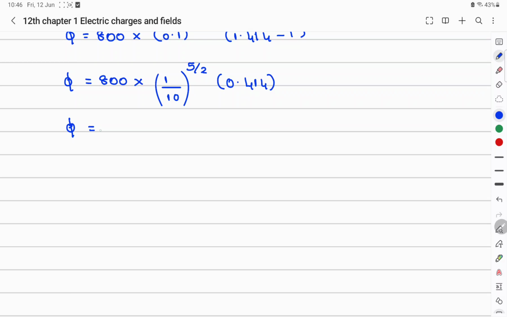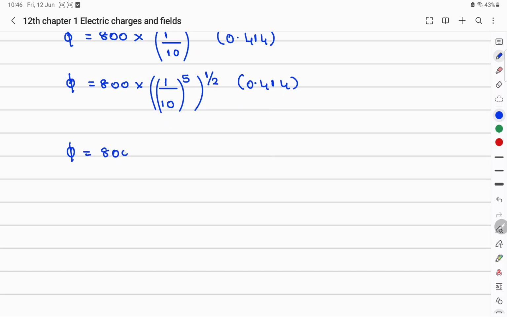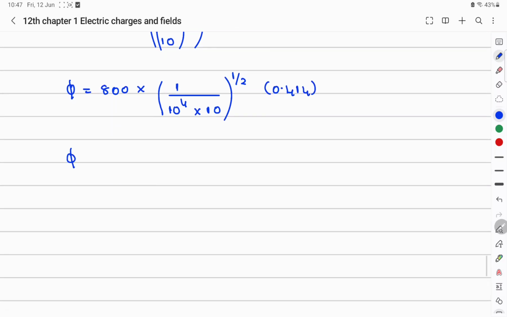It can be written as 800 into 1 by 10 to the power of 4 into 10 power 1 by 2 into 0.414, and phi is equal to 800 into 1 by 10 square, the whole square, into 10 power 1 by 2.